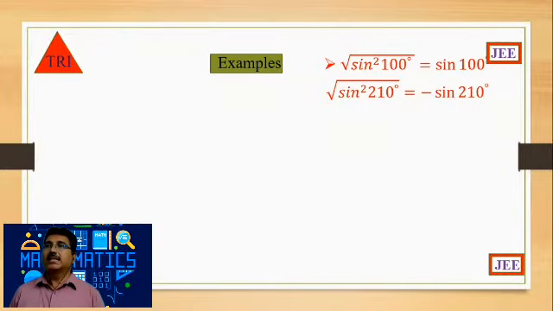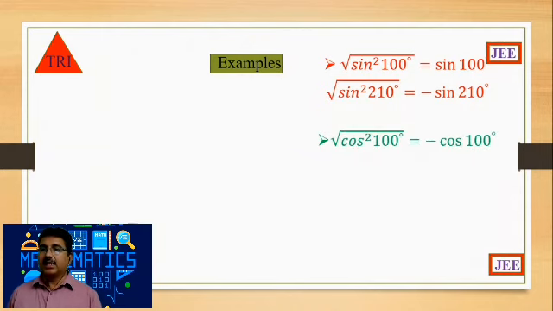Now, what is the value of root cos square 100 degrees? Commonly, students say cos 100 degrees, but 100 degrees belongs to quadrant 2, so root cos square 100 degrees is equal to minus cos 100 degrees.